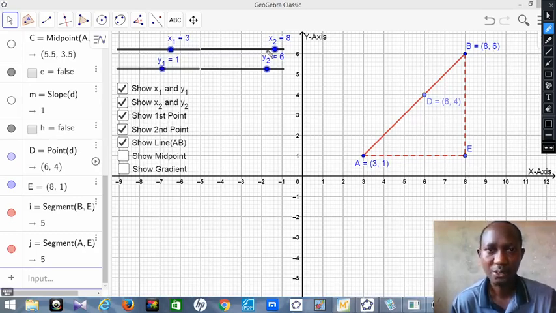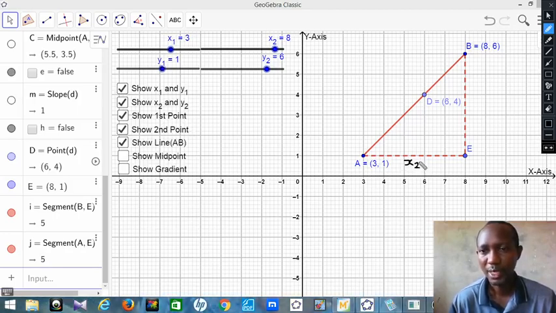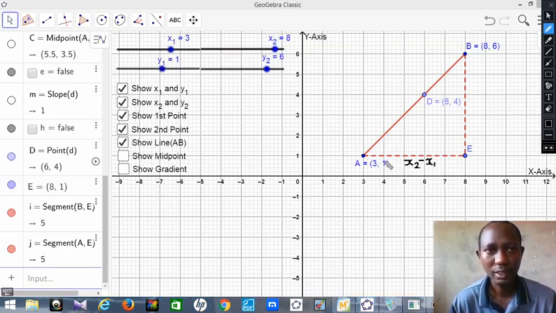If I subtract 8 minus 3, it will give me this distance AE, which is x2 minus x1. Then the same thing for the y-axis. This is y1, which is 1.